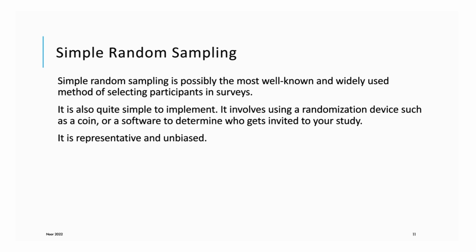What we would do is assign a number to each of the houses, and use a random generator to select the sample we're interested in, say 500 households to collect information from. We use a random generator to generate 500 households out of the list of 10,000 households. And we find which households correspond to those 500 numbers, and we administer our instruments to those households.